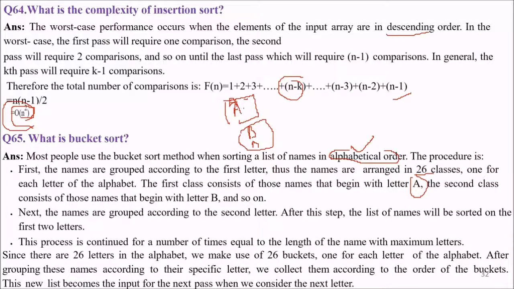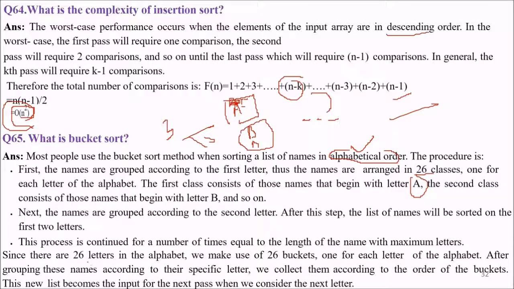Next the names are grouped according to the second letter. First letter is done, then second letter. So after this step, the list of names will be sorted with respect to the first two letters. So this process is continued: first letter, second letter, third letter, and so on. This process is continued a number of times equal to the length of the name with the maximum letters. Some strings may have 3 letters, some may have 10 letters also, so this will go on for 10 times.